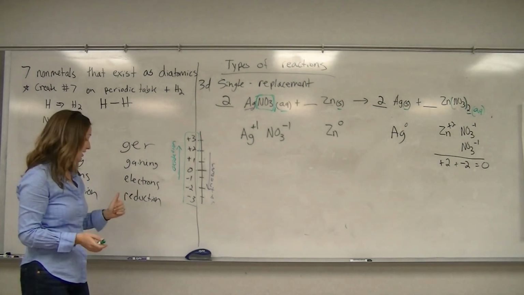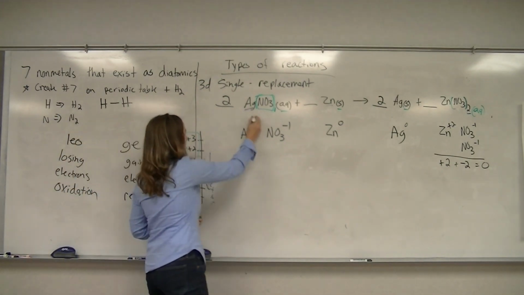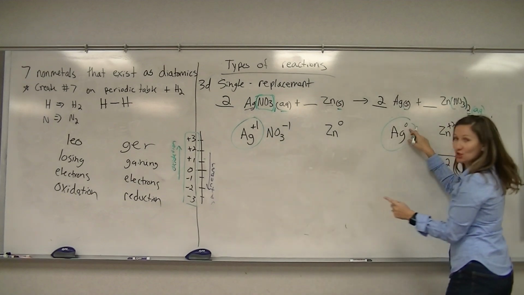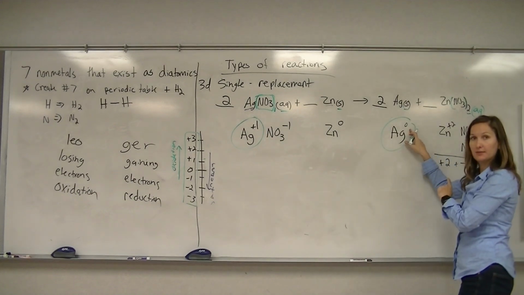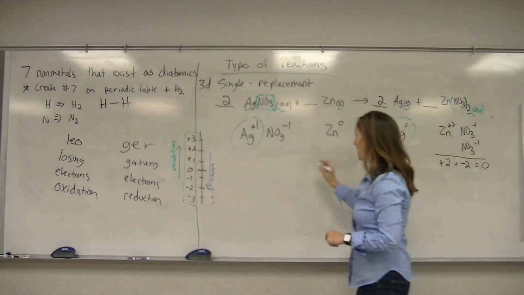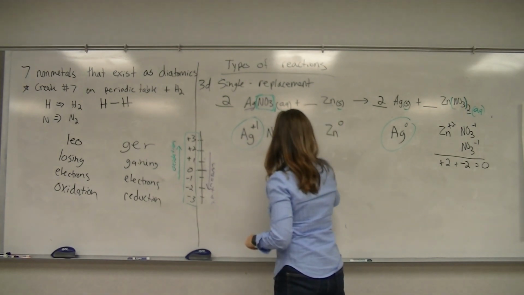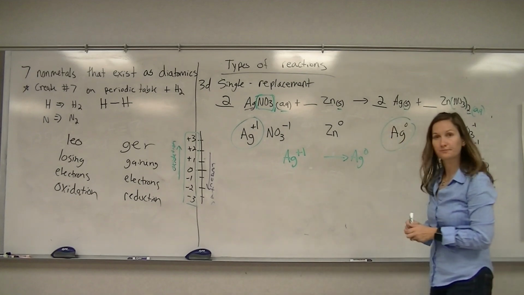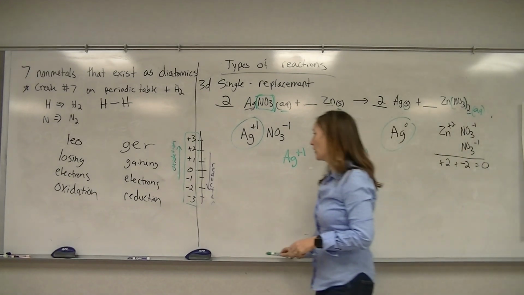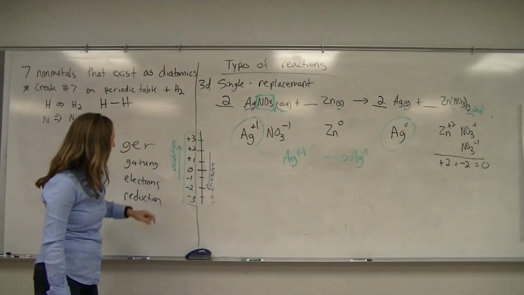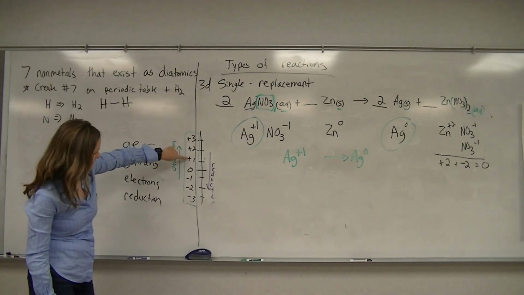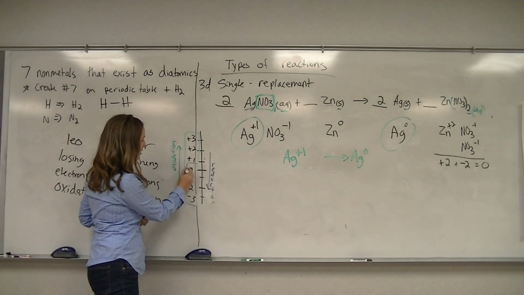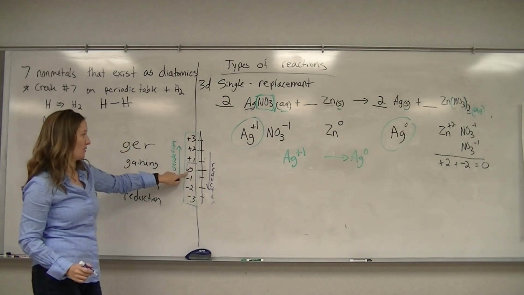All right, so let's take a look at silver. I'm going to isolate silver here. So silver's oxidation state is changing from reactant to product, right? It's going from Ag +1 to neutral. So going over to this scale, it's starting at a +1, and it's going down to 0.